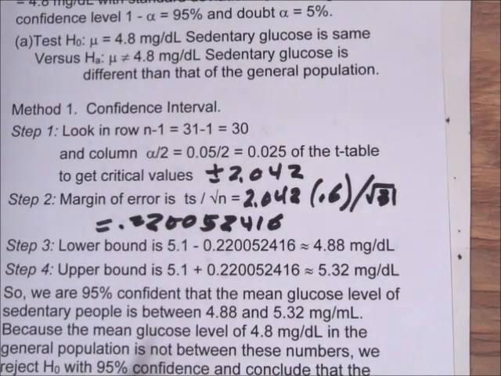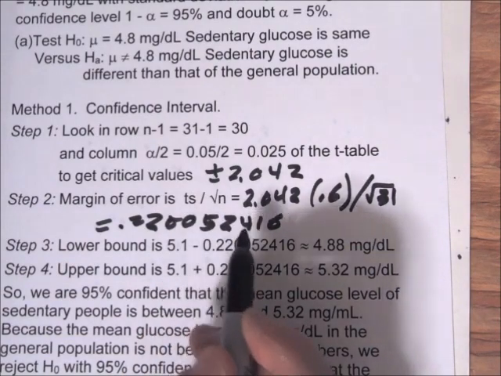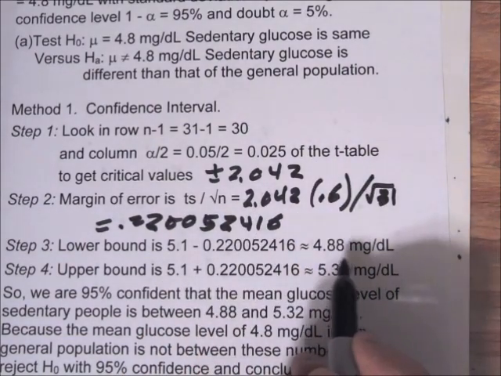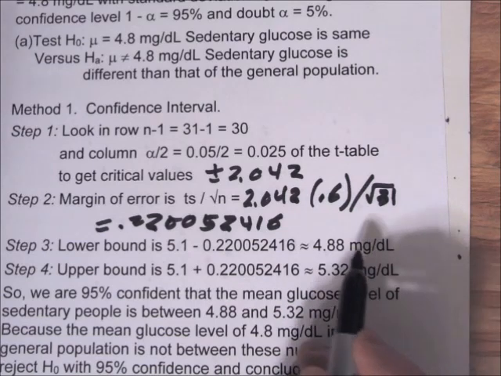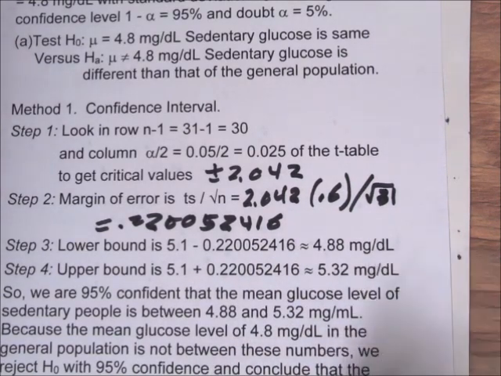Okay, so the lower bound is going to be 5.1 minus the margin of error, which is about 4.88. The upper bound is 5.1 plus the margin of error, approximately 5.32.